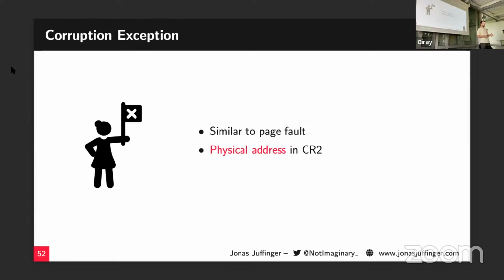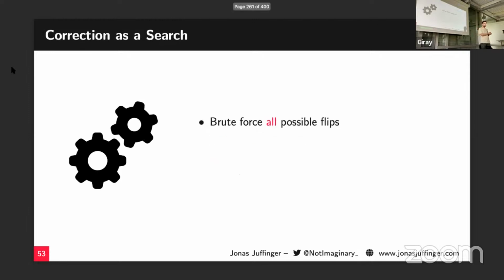We need the physical address because we cannot rely on page tables to translate the virtual address. We want to actually know where the bit flip happens. And if you have to rely on page tables and they may also be corrupted by RowHammer, that's not good. Because we don't want to be dependent on page tables. And then we just brute force all possible flips, using the parity bits as guidance. The parity bits help us to know where bit flips probably are.